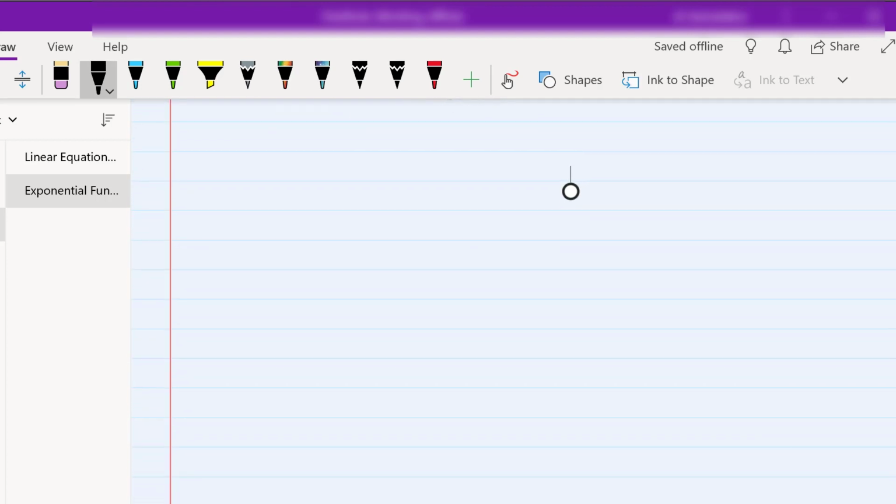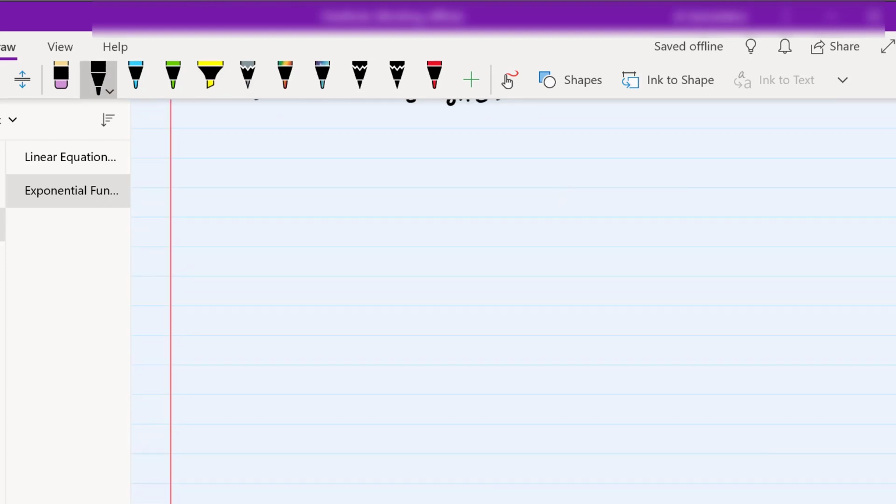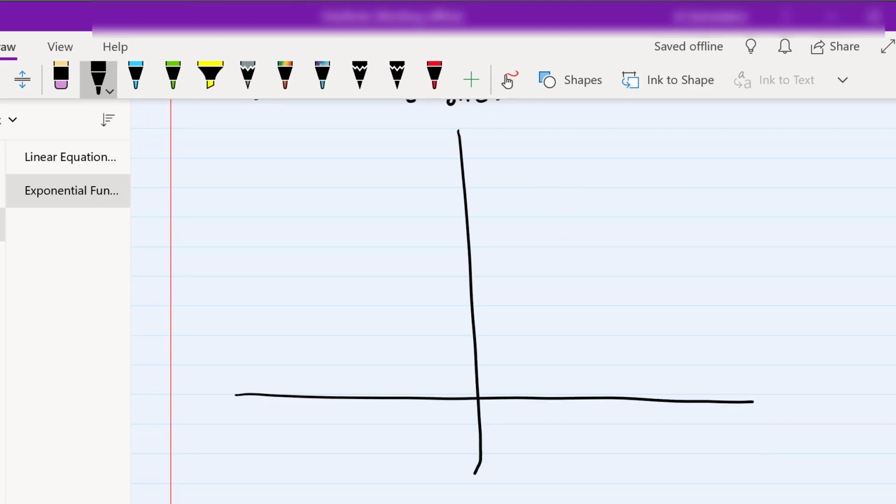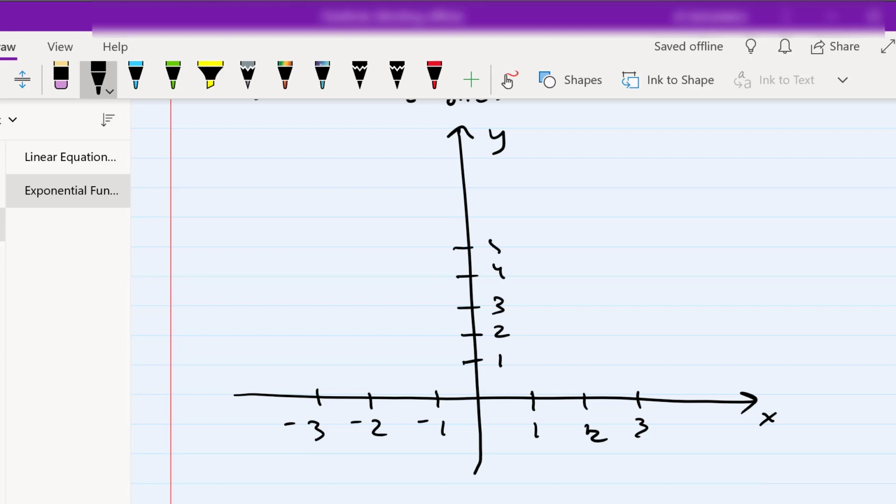If we draw this, x, y, and we label some points 1, 2, 3, minus 1, minus 2, minus 3, and we go in the y up to 8, 1, 2, 3, 4, 5, 6, 7, 8.